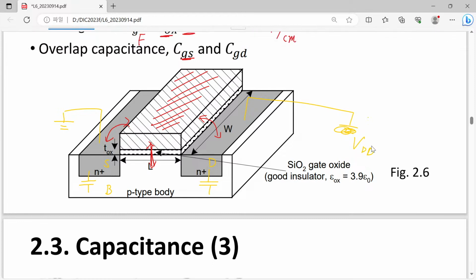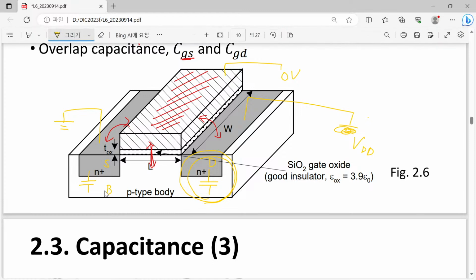Of course, this gate voltage is taken as so small, so 0 volt, so nothing happens between source and drain. Then what will be the capacitance between drain to body compared to the capacitance of source to body? Which one is larger?